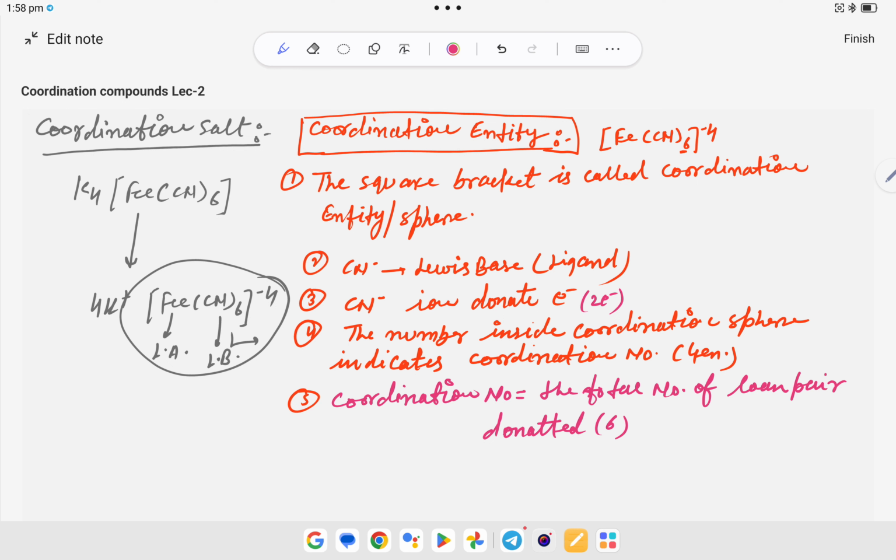Actually, this coordination number always indicates the total number of sigma bonds formed.